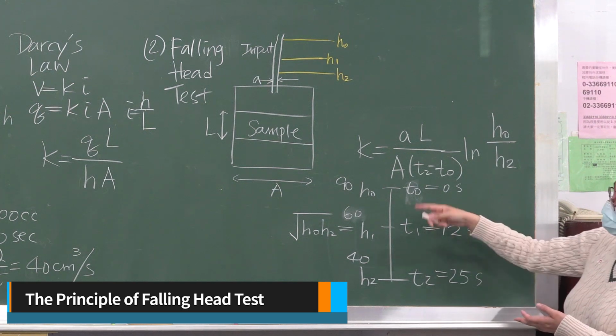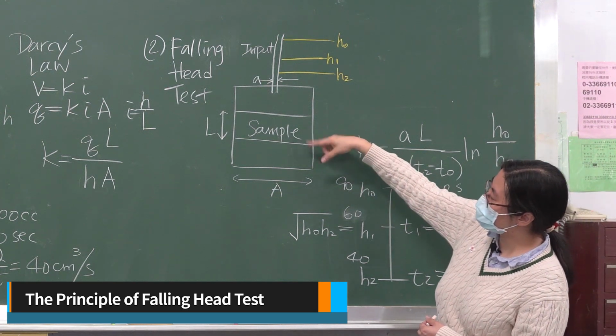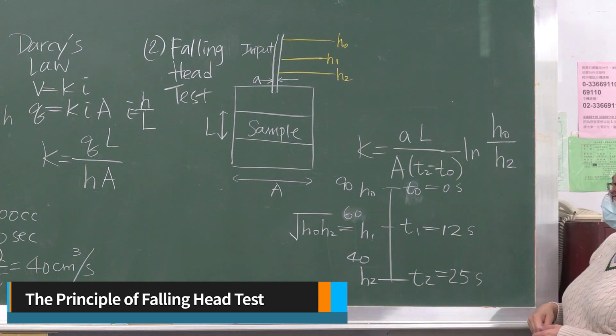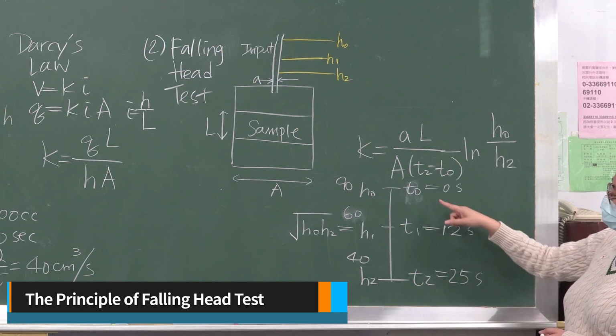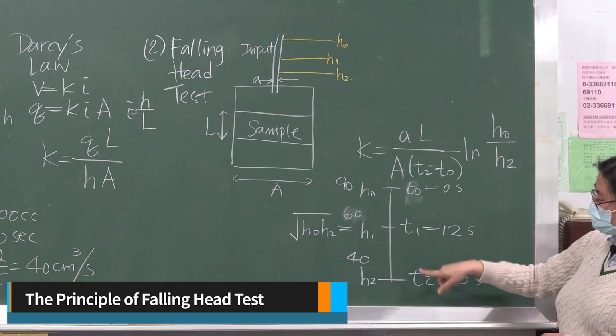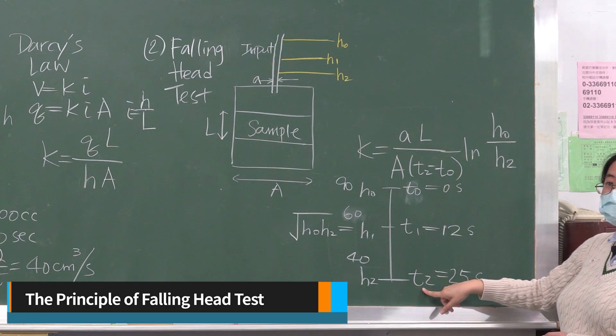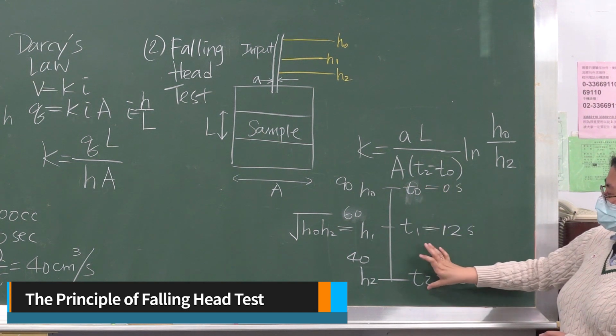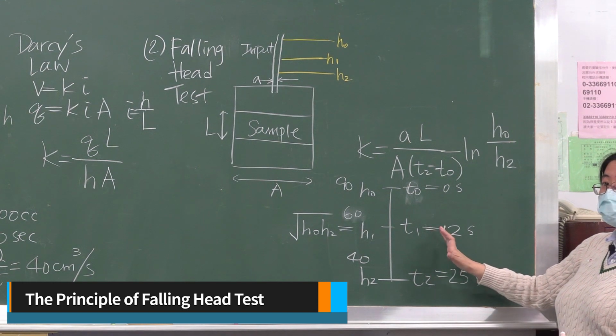Because the water flows through the same soil type, theoretically the time it takes to drop from H0 to H1 and from H1 to H2 should be equal to each other. So theoretically, T1 minus T0 and T2 minus T1 should be equal.